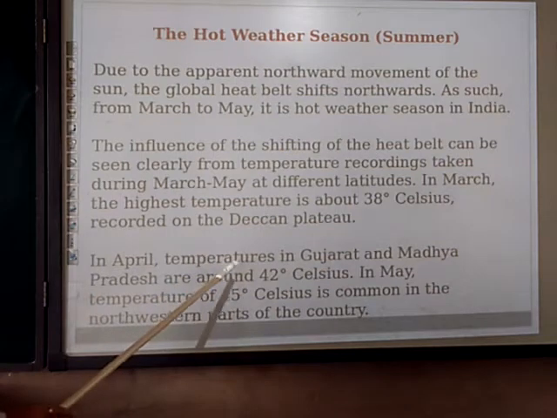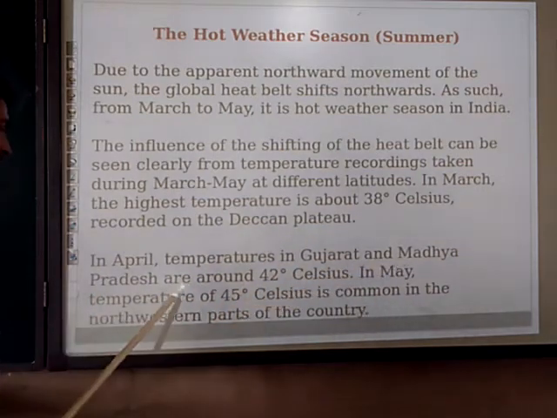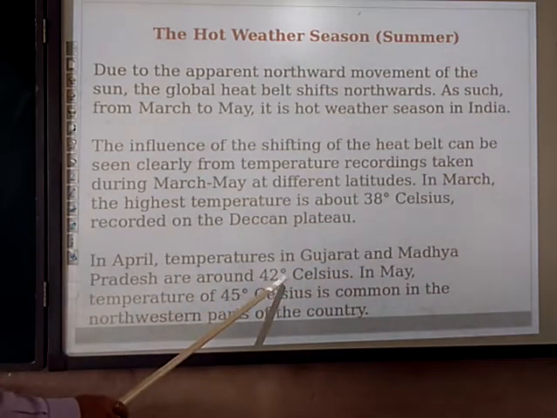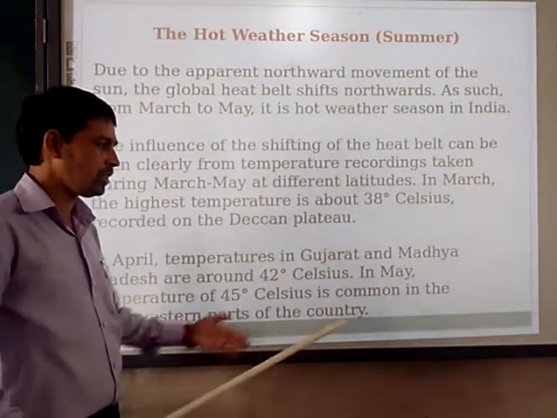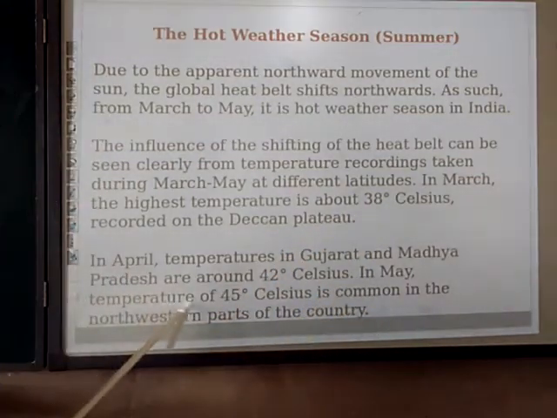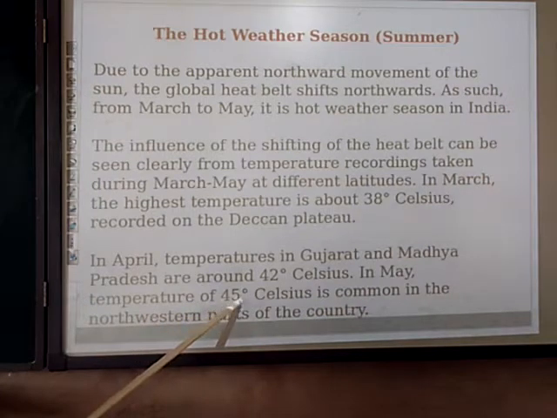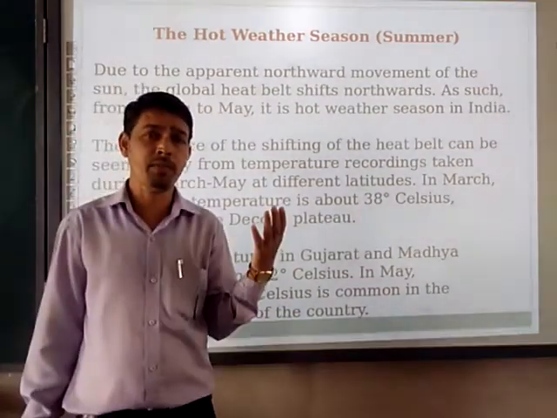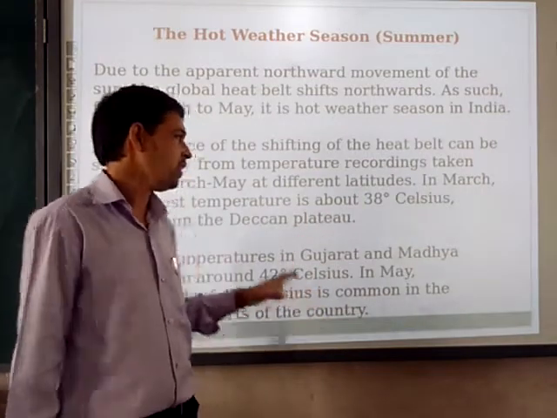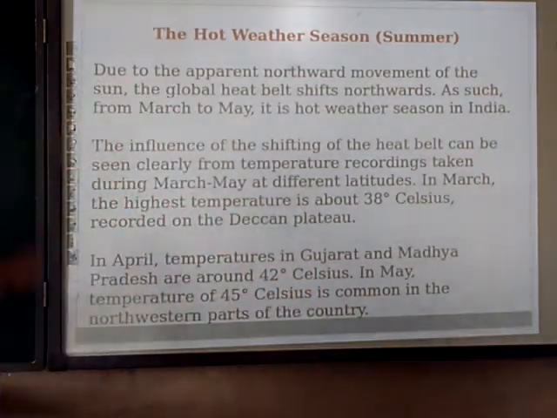In April, temperature in Gujarat and Madhya Pradesh is around 42 degrees Celsius, from 38 then 42 as the months are increasing. In May, the temperature goes up to 45 degrees Celsius, which is common in the northwestern part of the country. The temperature is too high, we are feeling very hot, and very sunny days are there in the summer season.